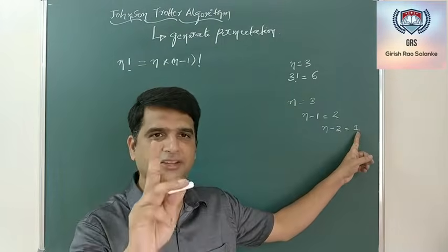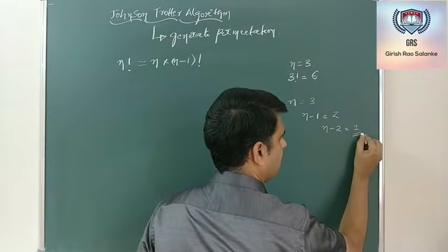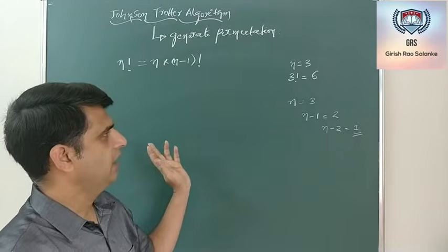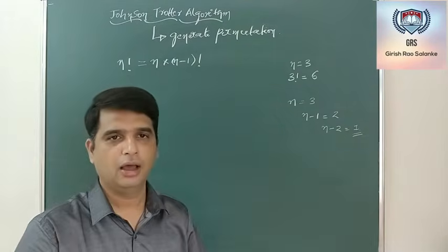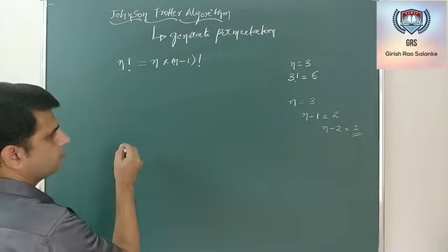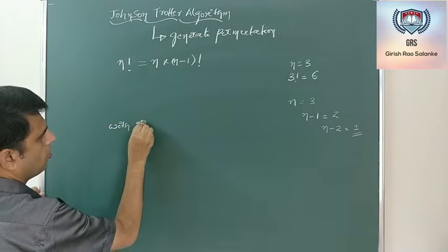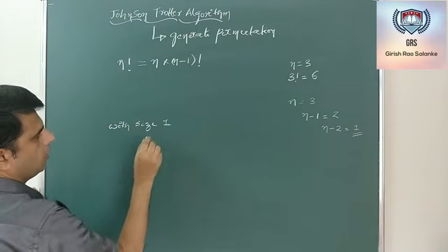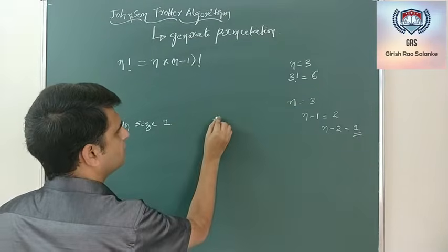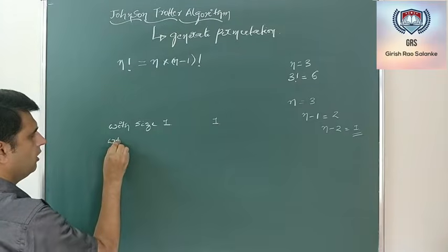For one object, I can generate only one permutation. So, I will take this as the reference, and with the help of this, I will try to generate the other permutation for n is equal to 3. Now, first is with size 1. Now, the only permutation when n is 1 is just 1.